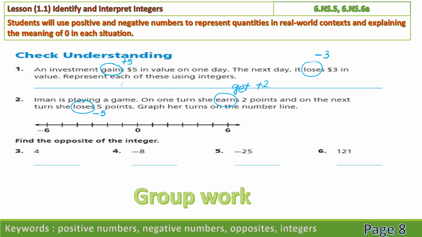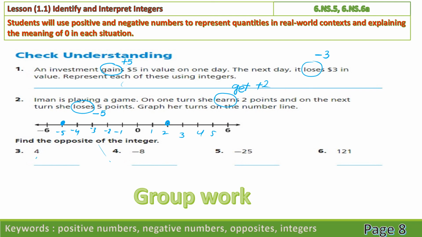Graph her turns on the number line. So where is 2? Look here, 1, 2, 3, 4, 5, 6. So where is 2? Here is plus 2. Then here -1, -2, -3, -4, -5. So where is -5? Here.